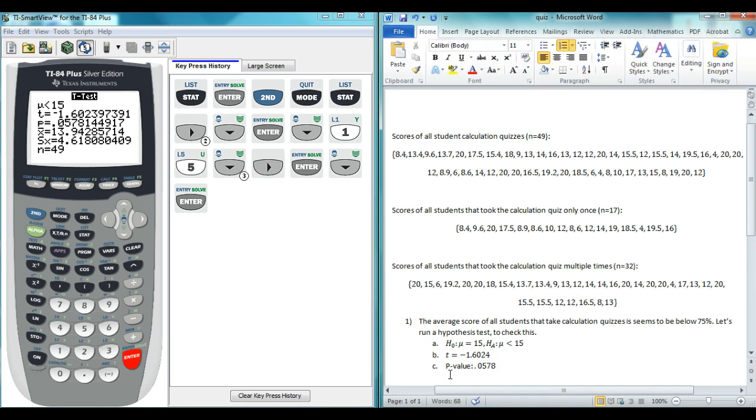Notice this p-value is small, but it's not less than 5%. It's a little bit above 5%, so that's bigger than 0.05. And that means I don't quite have enough evidence to reject. So my conclusion is that I fail to reject my null hypothesis.